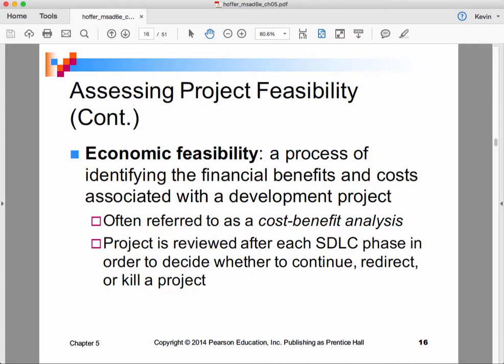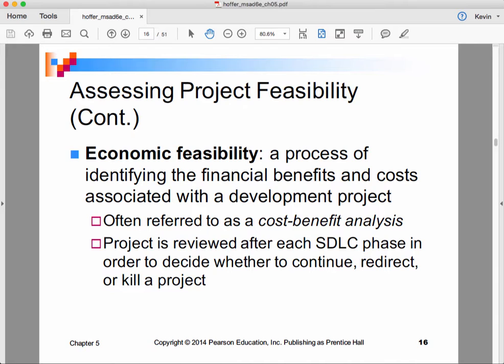So in the traditional waterfall kind of approach, we do a cost benefit analysis, and we do it on a pretty detailed level. And we would expect to revisit that as we get to the end of each of those SDLC phases, with the idea that we might have some kind of change. We're hoping to be able to continue on to the next phase, but we might stop.